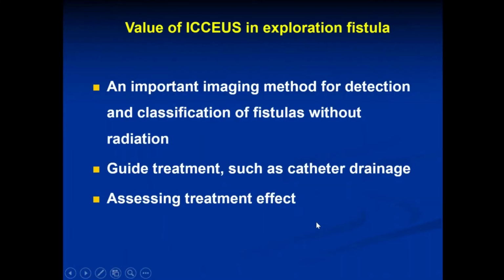So we think ICCEUS is a very important imaging method for detection and classification of fistulas without radiation. It can guide treatment such as catheter drainage and also assess treatment effect.